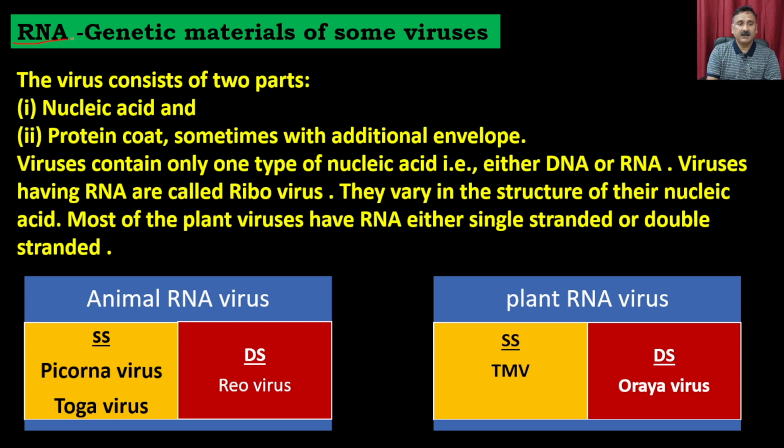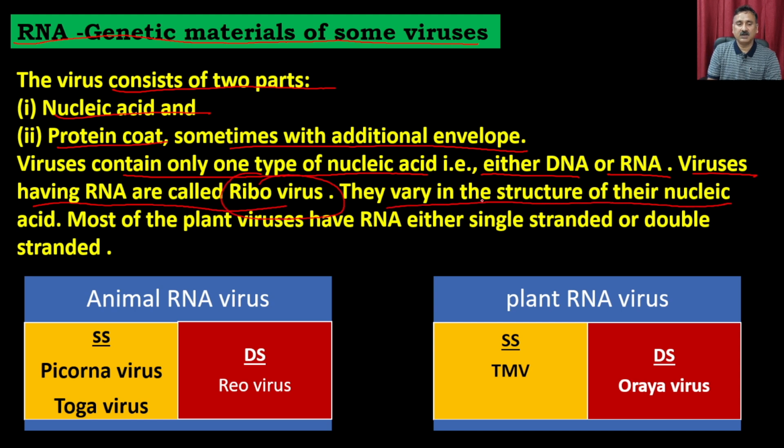So RNA is present as a genetic material in some of the viruses, right? A virus consists of two parts, nucleic acid and the protein coat, sometimes with additional envelopes. A virus contains only one type of nucleic acid, either DNA or RNA. Viruses that have RNA are called riboviruses. They vary in the structure of their nucleic acid.